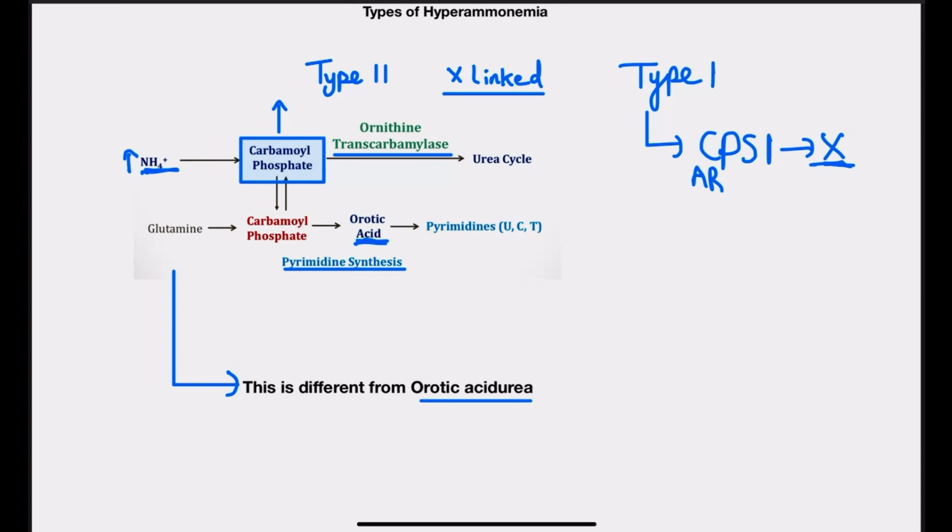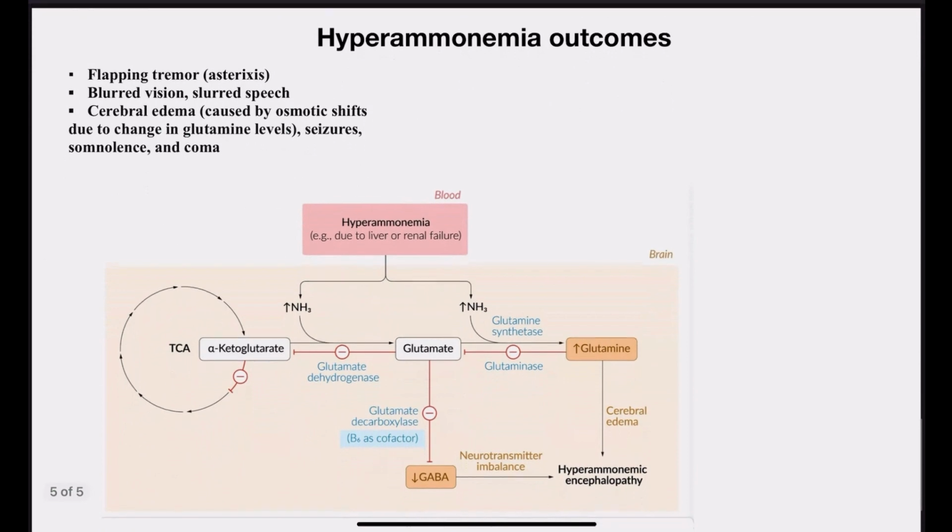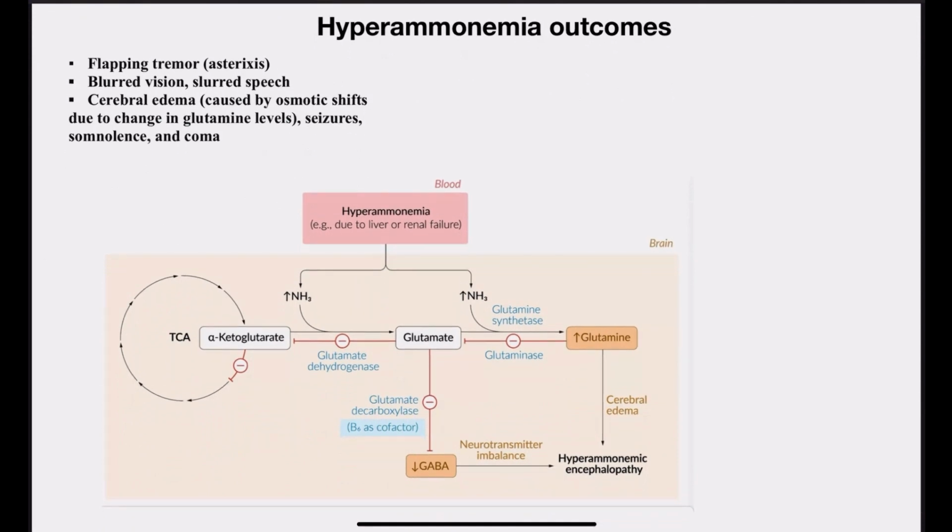Although both have high orotic acid, orotic aciduria does not have high ammonia levels and does not have these constitutional symptoms of hyperammonemia, just to make note of. Moving on to the hyperammonemia outcomes, I've discussed the symptoms, and cerebral edema is also caused in part by glutamine, which I'll discuss now.